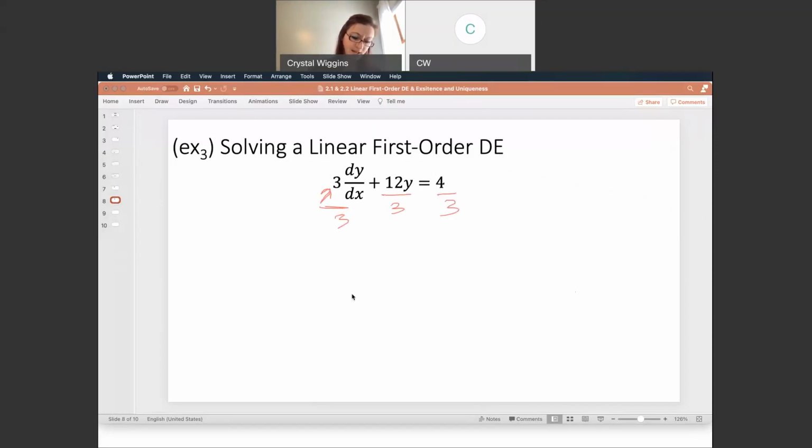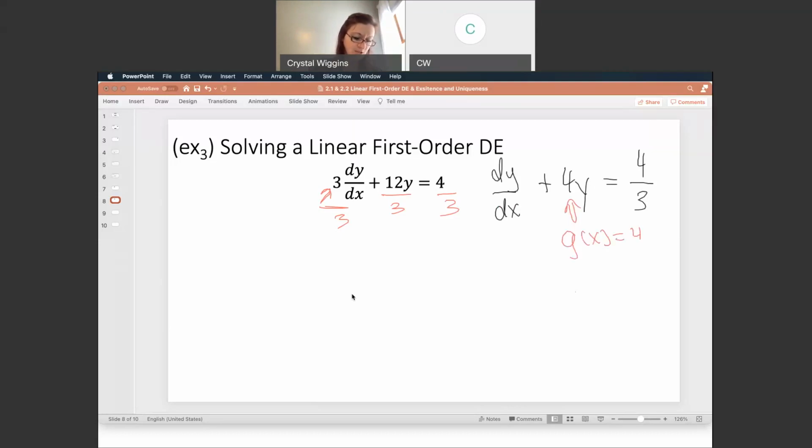And then I get dy dx plus 4y is equal to 4/3. I am now in standard form. This only includes the first derivative, so it's first order. And it is linear because the y is raised to the first power. So step one, complete.